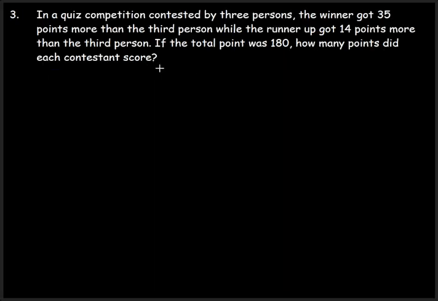Okay, we move to the last part of it, the last question under word problems involving simple equation. So what do we have here? In a quiz competition contested by 3 persons, the winner got 35 points more than the third person.